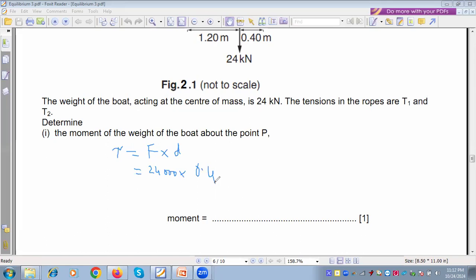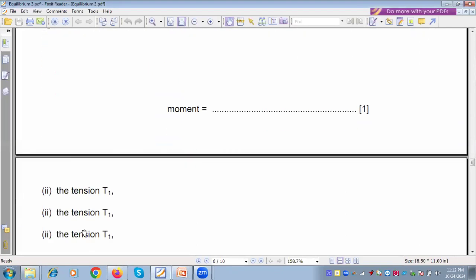The answer is 9600 Newton meter. If it is in equilibrium, since T2 is acting at the pivot, its moment can be ignored. But T1's moment is to be considered. Let us see what is asked in the other part. 9,600 is to be remembered. This will be used in the other part.